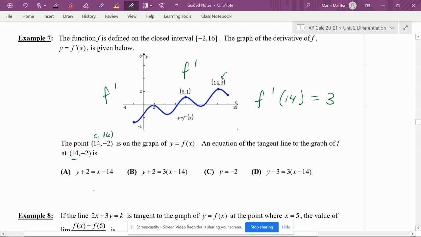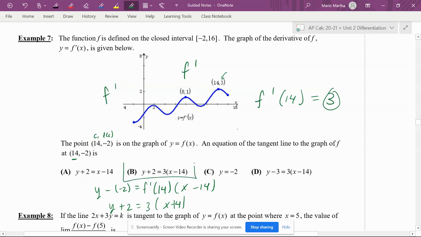So now we can substitute. We're going to say y minus -2 equals the slope of the tangent line at 14, f prime of 14, times x minus 14. So we simplify, we're going to get y plus 2 equals f prime at 14, which is 3, times x minus 14. And that's pretty much your answer, which would be B.